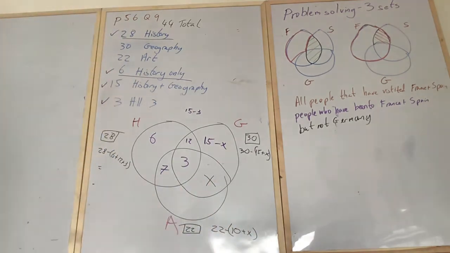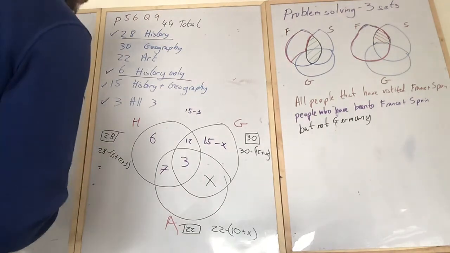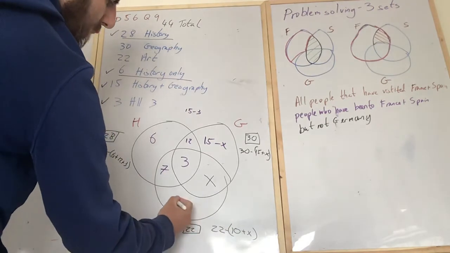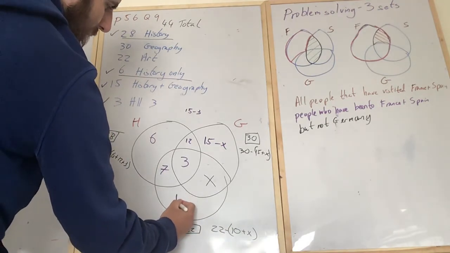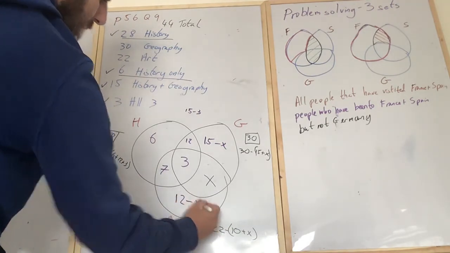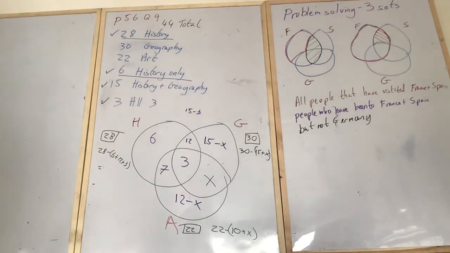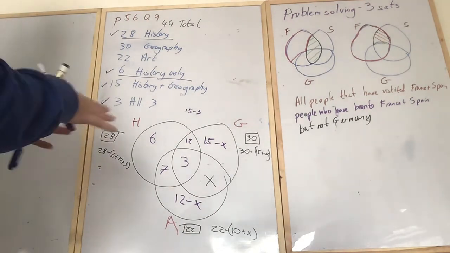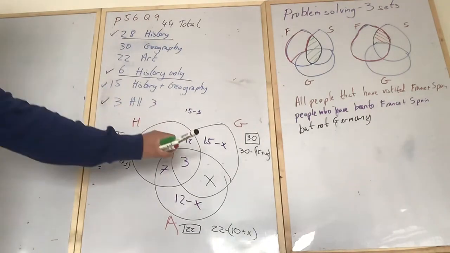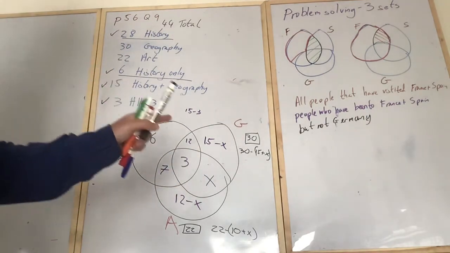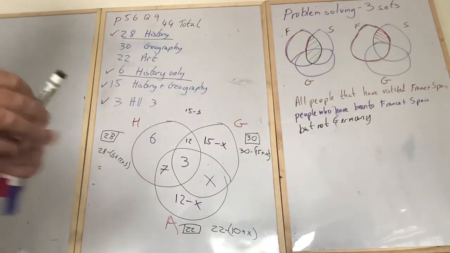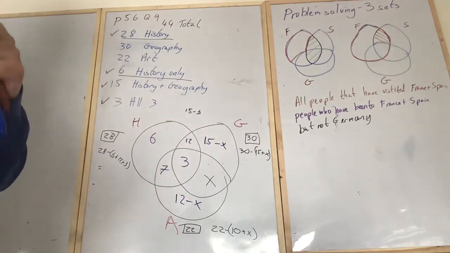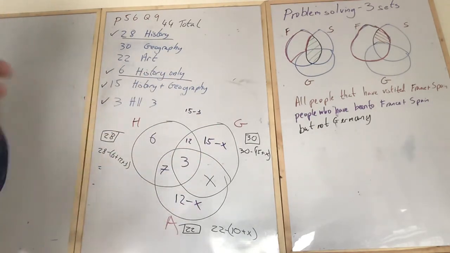Because that's in a bracket, 22 minus 10 is 12, and then the minus multiplied by plus is minus x. So we're left with 12 minus x. So that has set up the Venn diagram. Even before I've looked at any of the information, I've just filled in the Venn diagram. In a test, I would suggest just look at what you have, fill in the Venn diagram, and then answering the questions should be quite straightforward then.